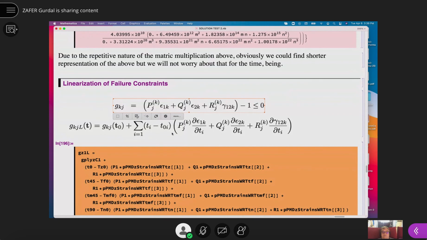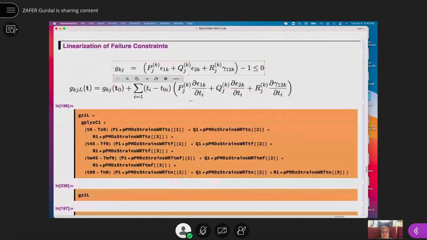And then the derivatives of those, here it's just the strains in the principal material direction, but we just send into these the Psi-Hill numbers.